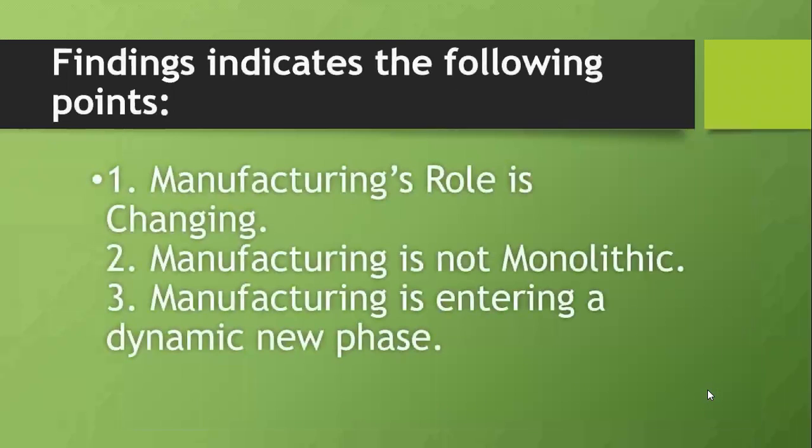So let's go to the findings that indicate the following points. So we have here the studied findings nga nag-ingon jud nga in the future we will really have differentiated problema and even manufacturing rule. So most likely, guys, first, we will have the manufacturing rule is changing. So that's why, guys, maybe kung kana siya nga gina-manufacture nato, it can change, or this manufacturing rule will change.